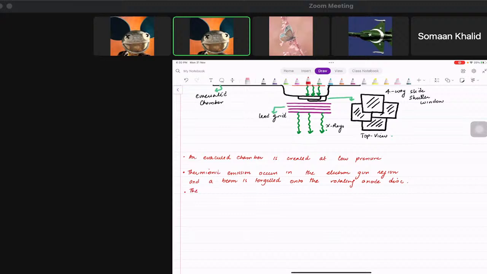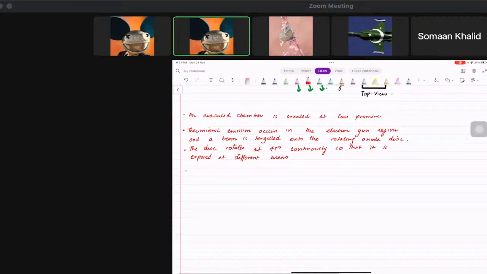The disk rotates at 45 degrees continuously, so that it is exposed at different areas, like that.